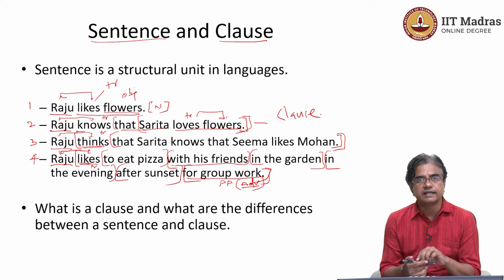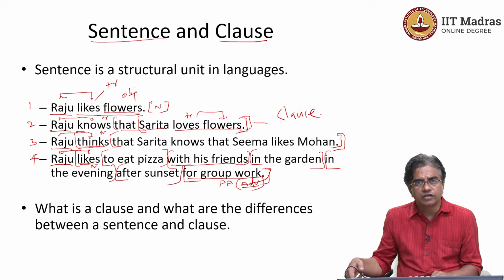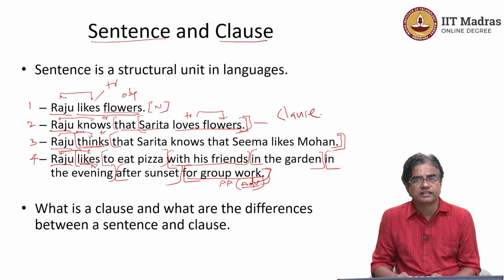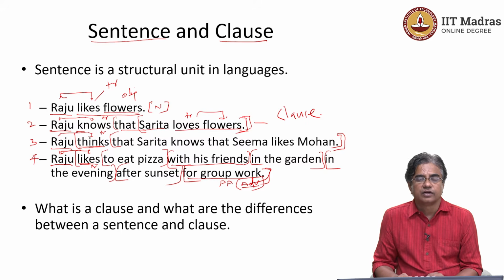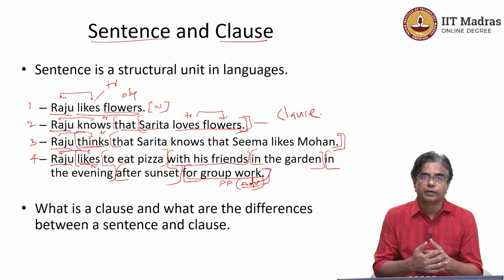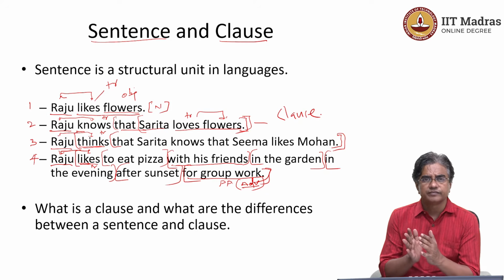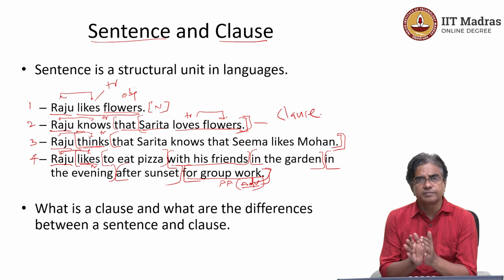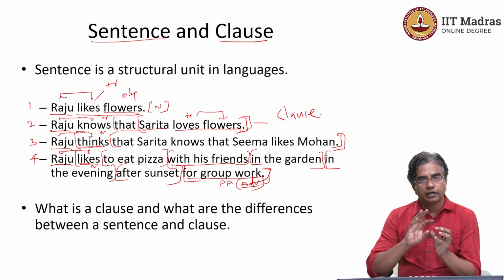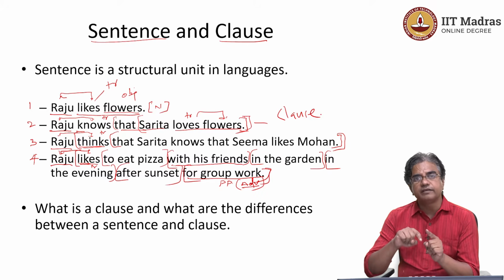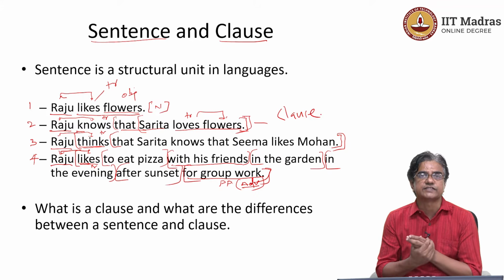So what we are saying is that a sentence-like clause can be embedded within a matrix clause, and therefore it's a clause, because when a sentence is embedded within a larger sentence, that sentence is called a clause.